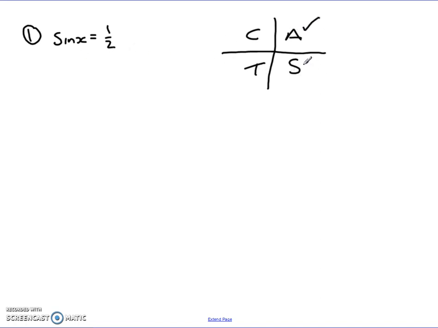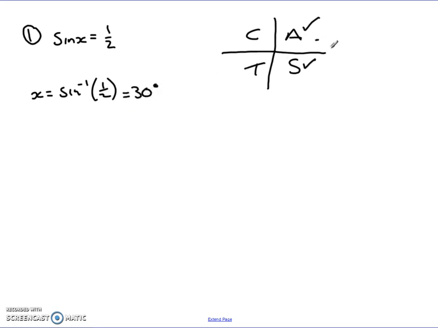I know sine is positive here and here, so I know my two solutions are going to fall in this part of the diagram, which means when I find a solution for a half, to get the solution in this, I do 180, take away the solution from there. So I know then that my x is going to be given by sine minus 1 of a half. Think back to the exact values table. Sine minus 1 of 1 over 2 was 30 degrees.